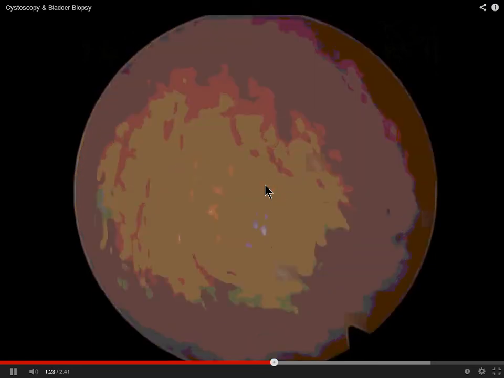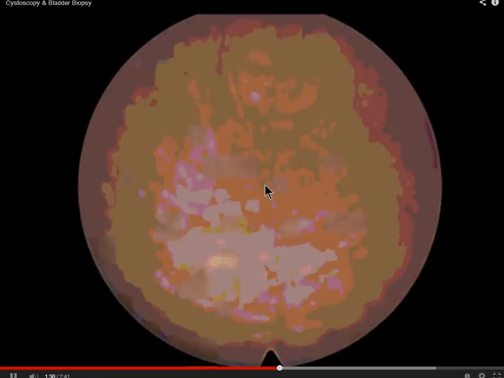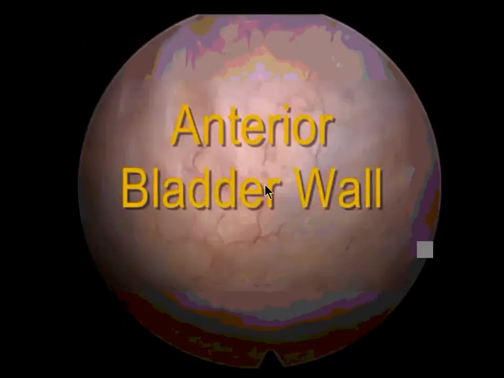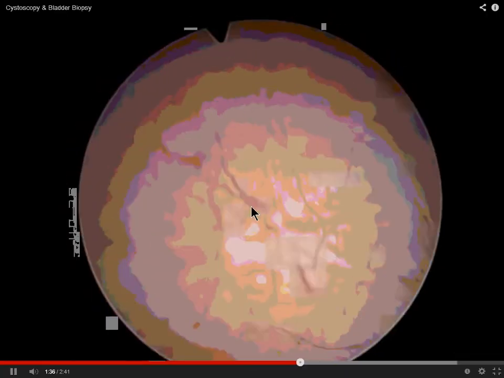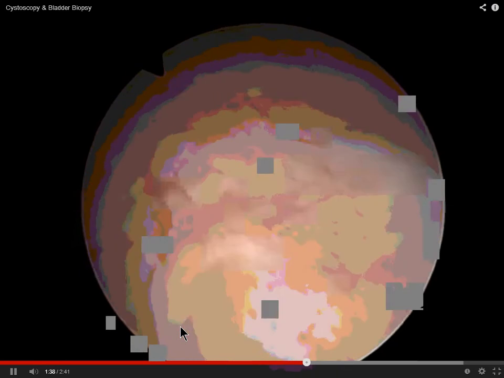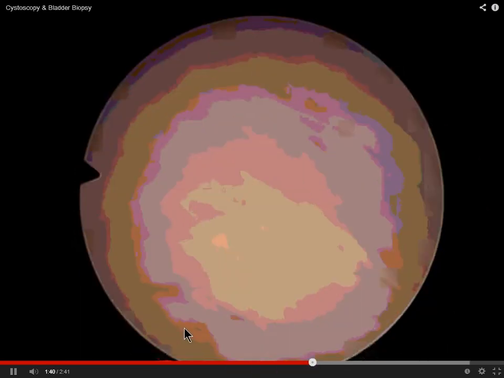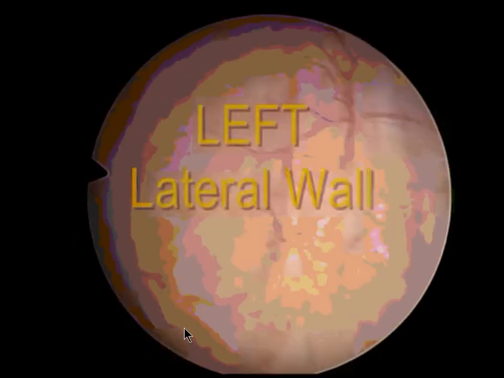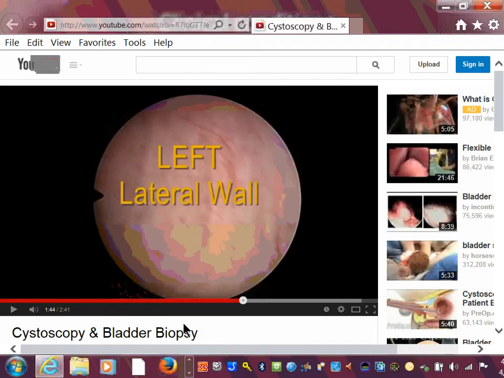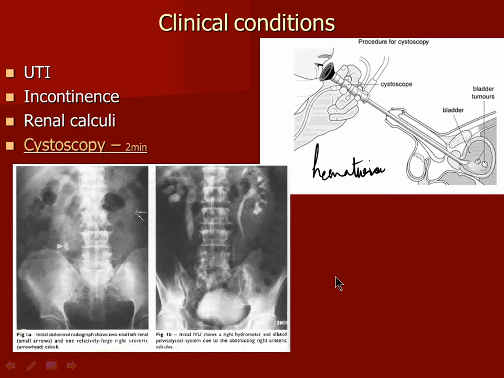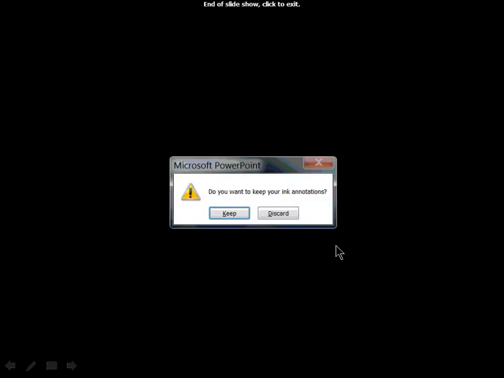You can see the blood vessels through the mucosa, which is why sometimes they can rupture and cause hematuria, or blood in the urine. So that's the inside of the bladder. Okay, any questions?